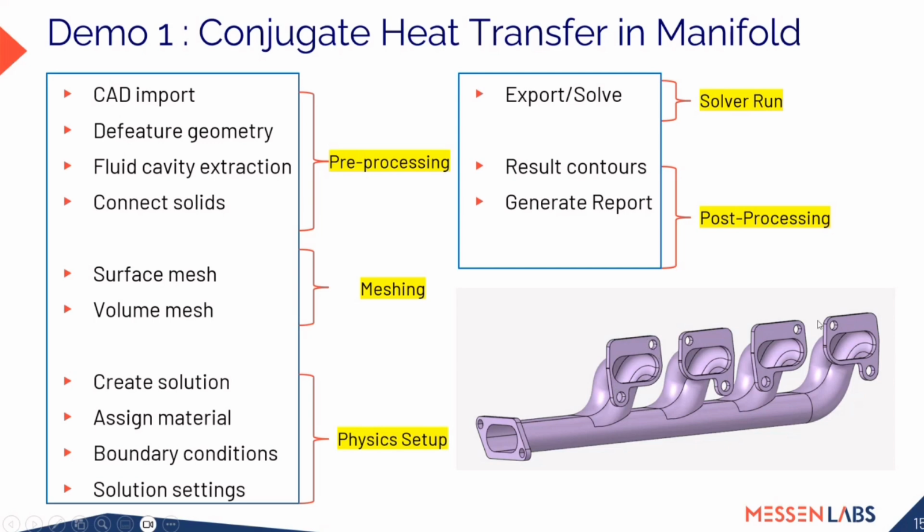These are not required for my simulation. Then I will do the fluid cavity extraction, which is critical for my simulation. Then connect solids. In the meshing, I will be generating surface mesh, volume mesh. In the physics, I need to do all the steps: boundary conditions, material assignment, solution setup, run, and post-processing. Just imagine if there is no script, how much time it may consume.